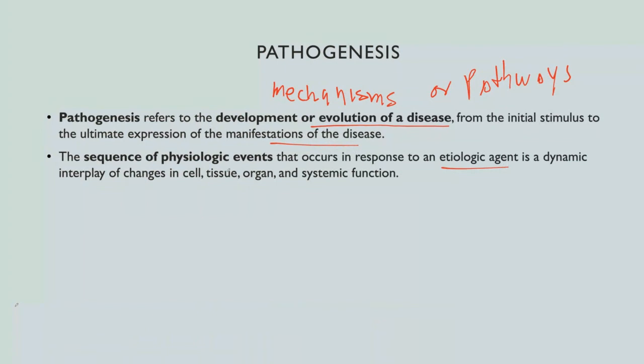We are going to see that there are different pathways, okay, which are very dynamic. Sometimes the alteration in one thing will produce alterations in other systems, okay, and these alterations may be studied at the microscopic, biochemical, genetic, cellular, tissue, organ, or systemic level.